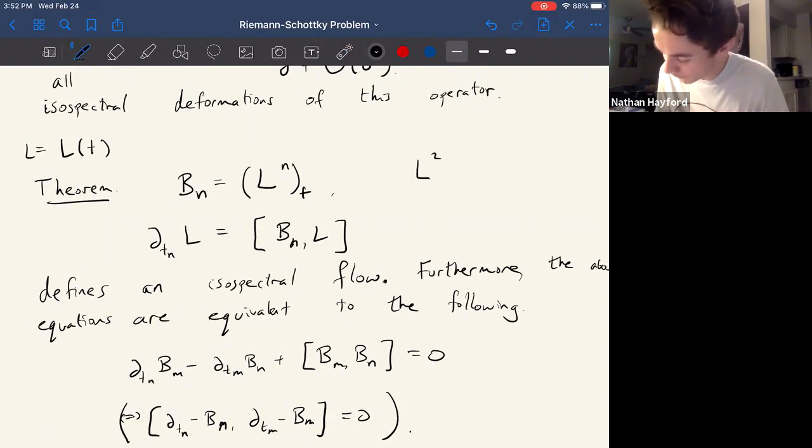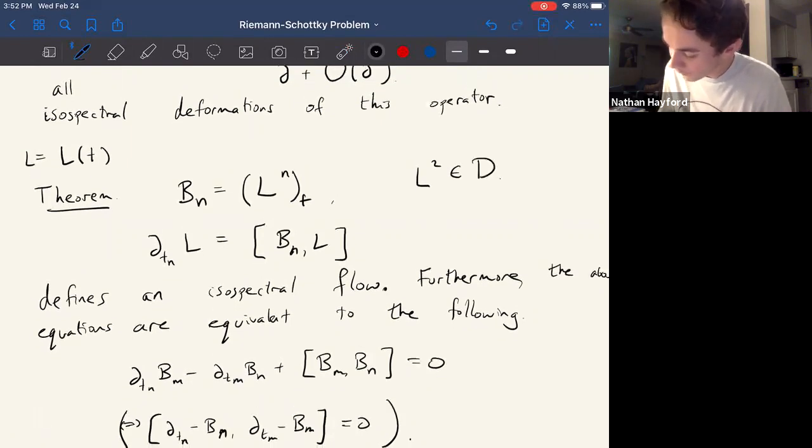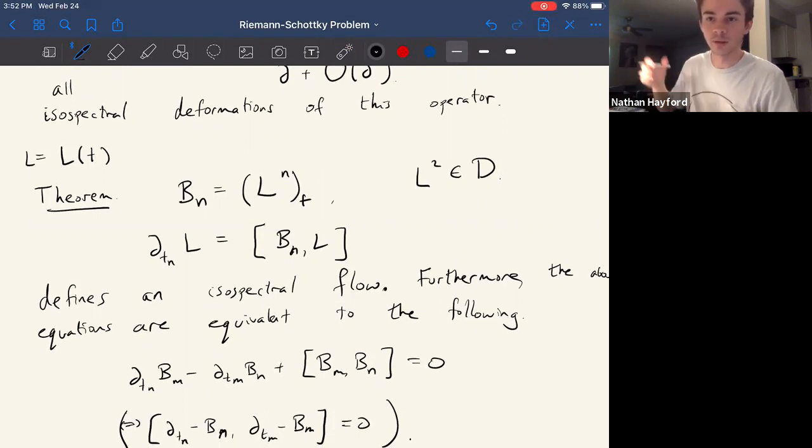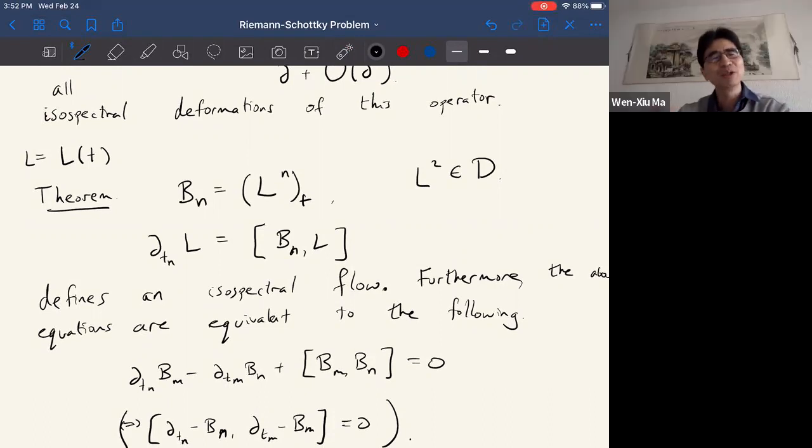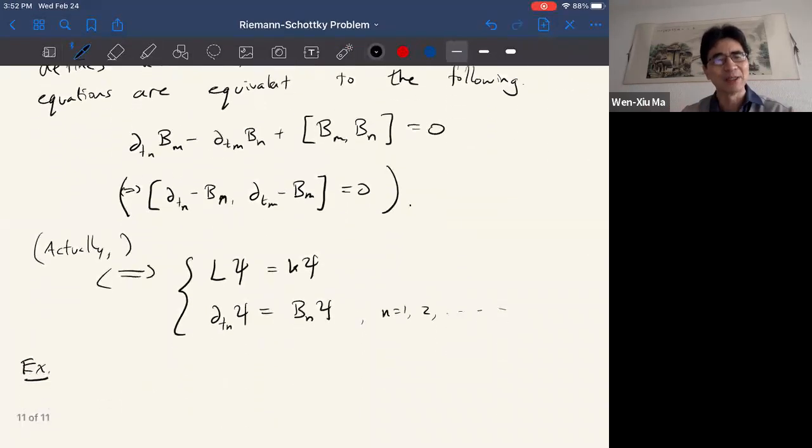So if I take the second power, and I require that the second power of this operator is a purely differential operator, so it lives in D, and then I make the Miura transformation, then I end up with the half power. Under the standard way, if you modify the potential, the dependent variable doesn't change.